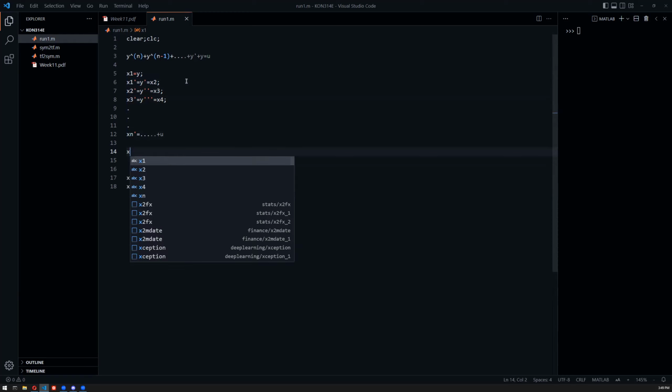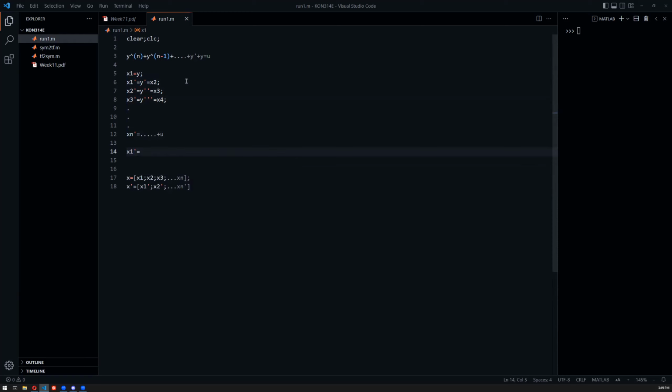We can say x1 derivative is basically 0, 1, 0, and it goes on like that, 0 times x. And when we do it for x2, we'll see that this is basically 0, 0, 1, up to xn minus 1.